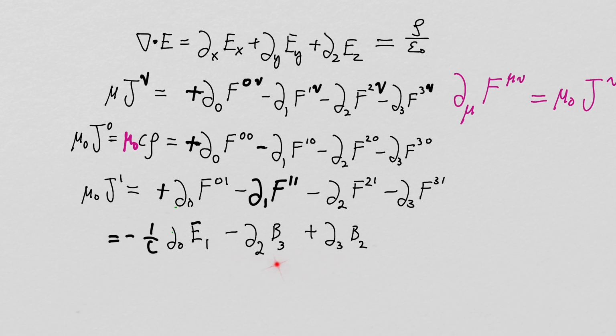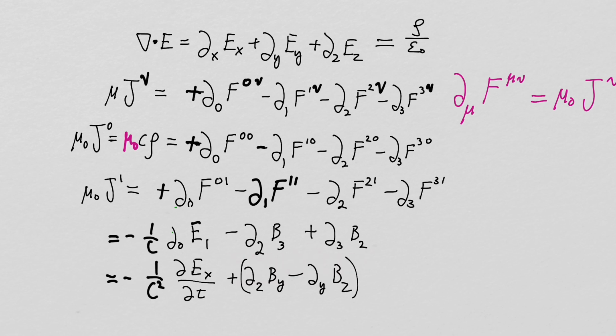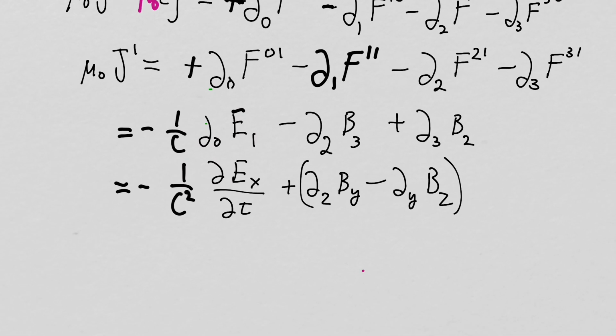So this is going to be, if you rearrange it so this term goes here and this term goes here, and you relabel 2 and 3 to z and y, this is the x component of the curl of B.